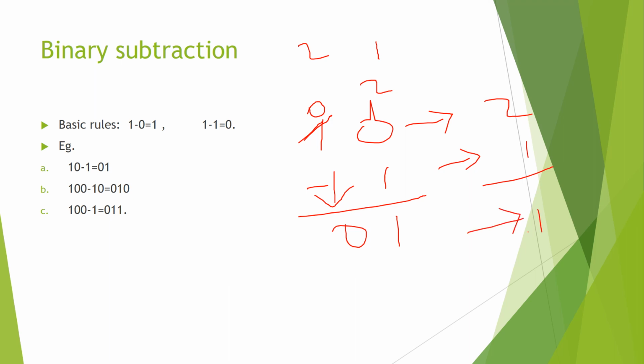The same case, you can take the other one, which is 1 0 0, then we subtract 1 0. If you subtract these two, 0 minus 0 is 0. If you have 0 minus 1, remember it is impossible, so you borrow 1 from here, this one cancels to leave 1 0, and this 2 becomes 1, and we drop the other 0 here.